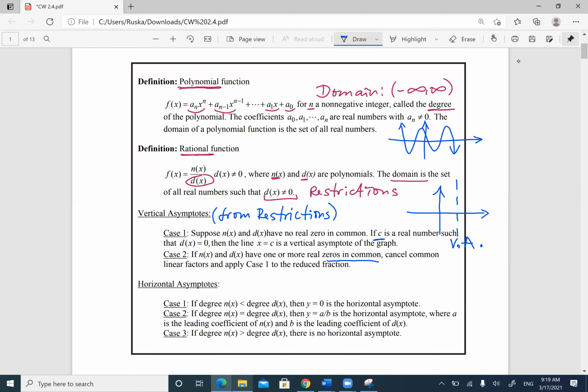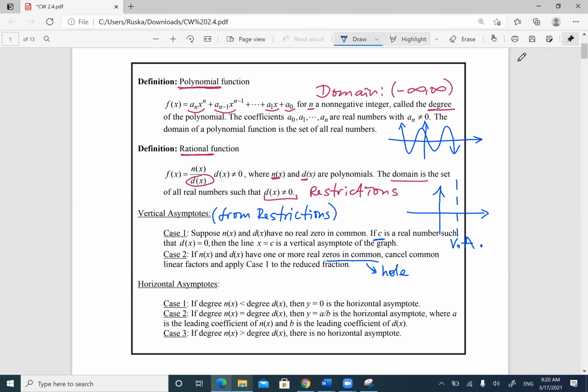At that point, whatever the common zero is, there's going to be a hole. I'm going to explain that on the graph. So there's going to be a hole wherever the common factor cancels top and bottom. I'm going to go over that in detail later on. We're going to do examples.